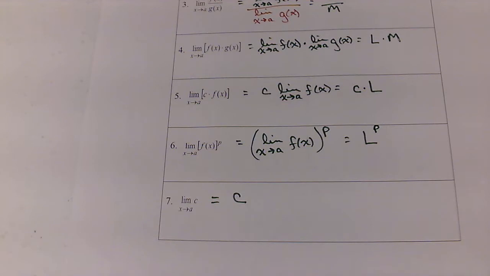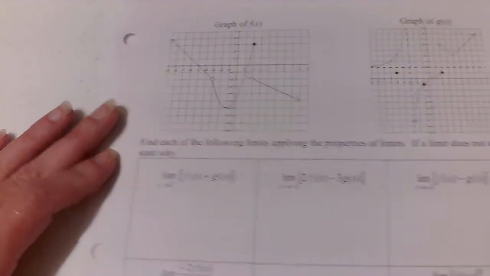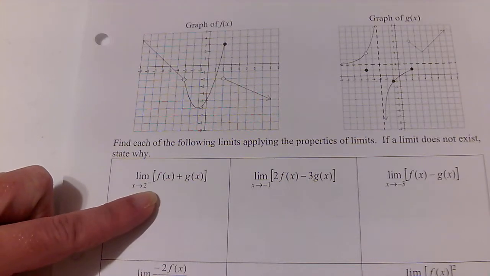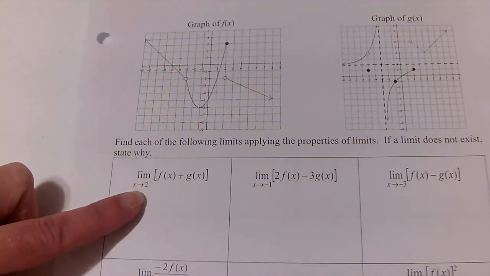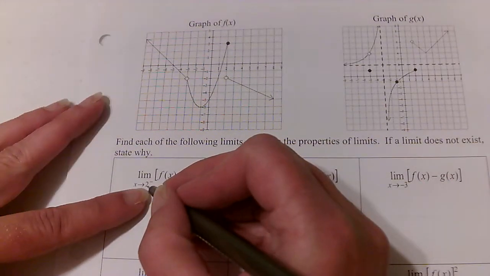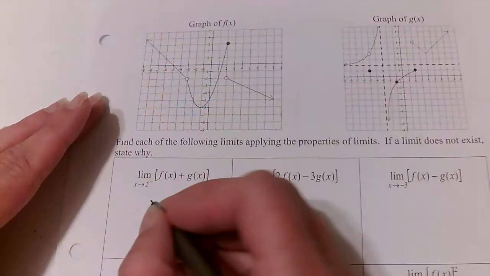So how would we use these? Well, let's start with graphically. All right, so we have the limit as x approaches 2 from the left of f of x plus g of x. So the limit as we go to 2 from the left on f of x is 3.